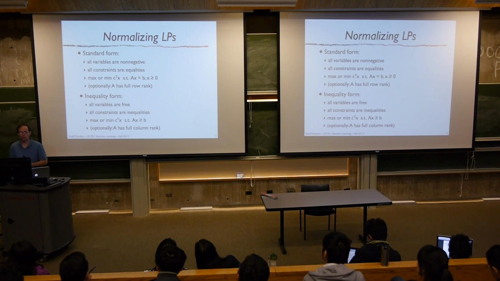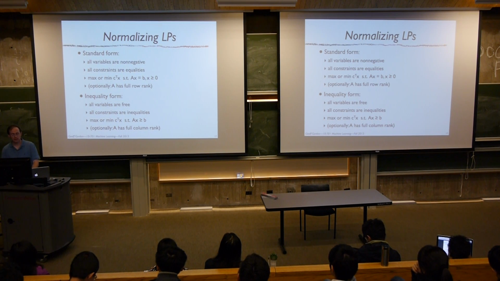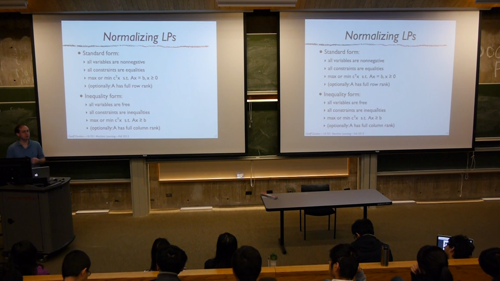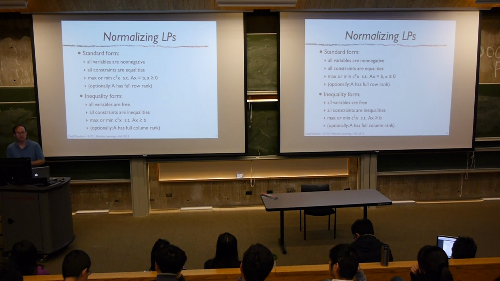One is standard form, which has every variable non-negative and every constraint as an equality. So something like this: min c transpose x with Ax equal to b and x greater than or equal to 0. Or inequality form, where you have only free variables, no variable bounds, and all constraints are inequalities. And we can use the tricks on the previous couple of slides to take any linear program and transform it into one of these forms.